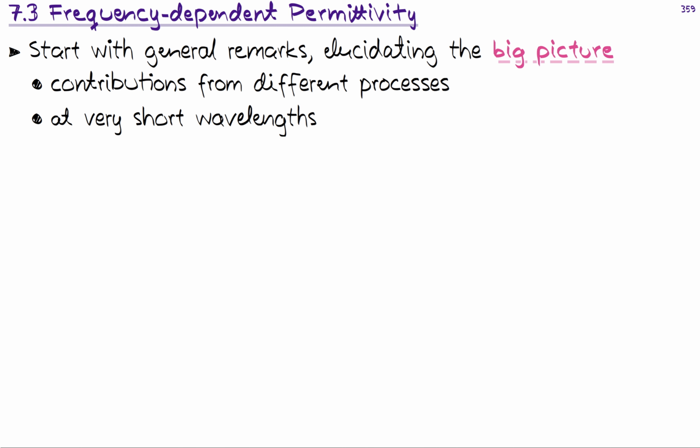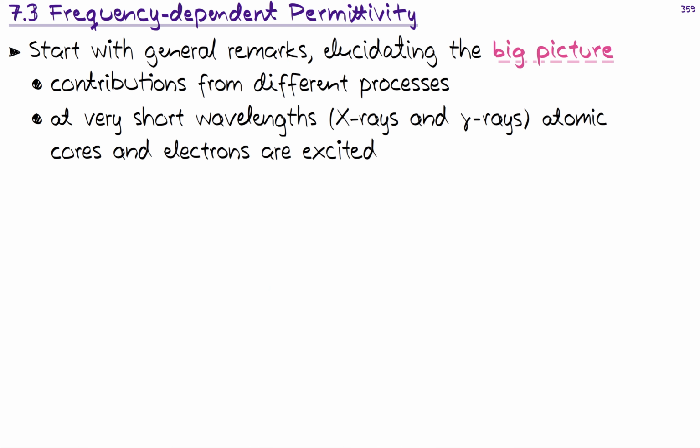For example, at the very short wavelengths, when we would be speaking of X-rays and gamma rays in terms of photon energies, we would be speaking of atomic relaxations and excitations, atomic core processes, or inner electron excitations. Those very short wavelengths we do not describe here, so we forget them essentially.